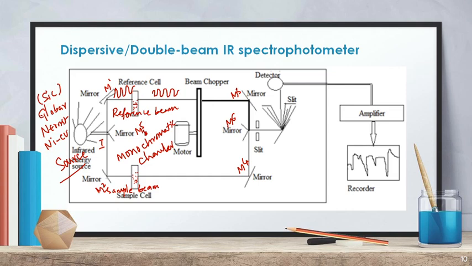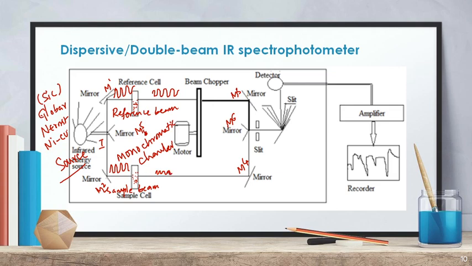Whereas in the case of the sample beam, when it interacts with the compound present in the sample cell, the sample absorbs from the beam. When the absorption takes place here, there is a change in the intensity of the radiation. If the intensity of the sample beam is like this, the intensity of the transmitted beam must be like this.